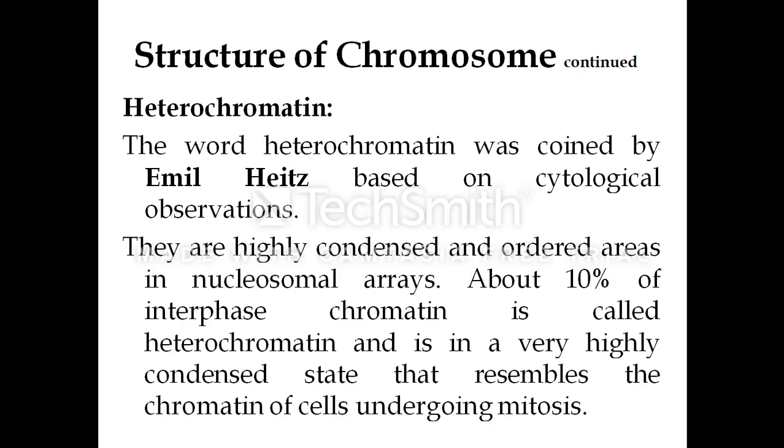Next is heterochromatin. The word heterochromatin was coined by Emil Heitz based on cytological observations. They are highly conserved and ordered areas in nucleosomal arrays. About 10% of the interphase chromatin is called heterochromatin, and it is in a very highly condensed state that resembles the chromatin of cells undergoing mitosis.